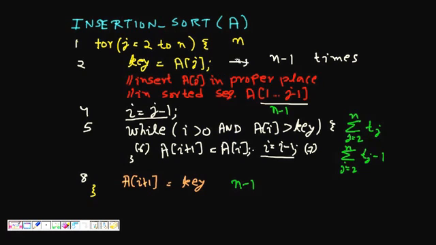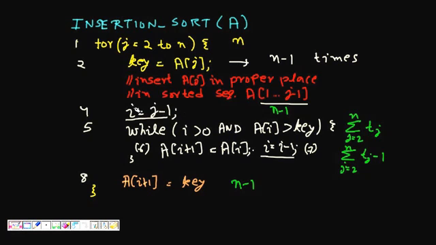So it runs n times, from 2, 3, 4, 5 till n. And then key is equal to a[j] runs n minus 1 times.